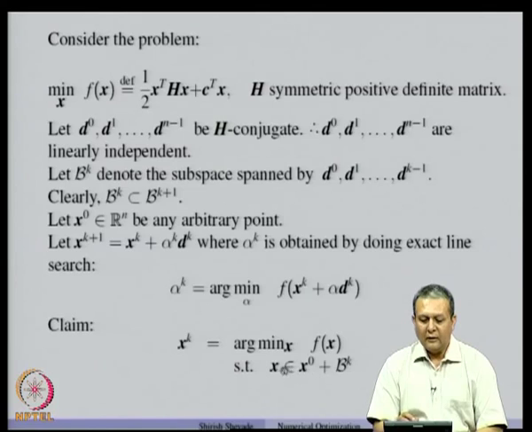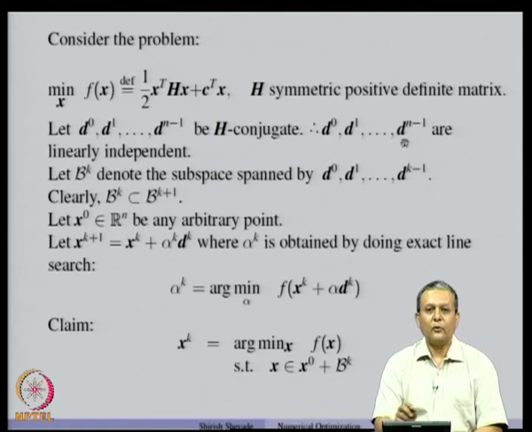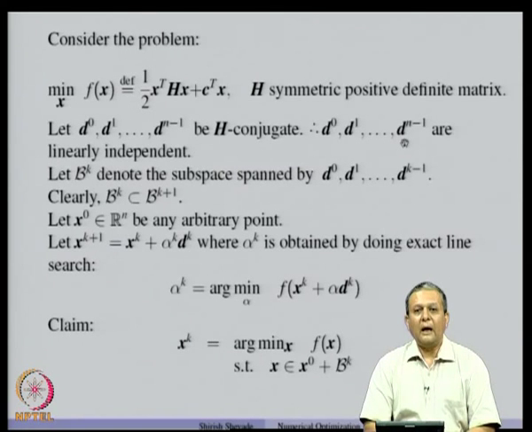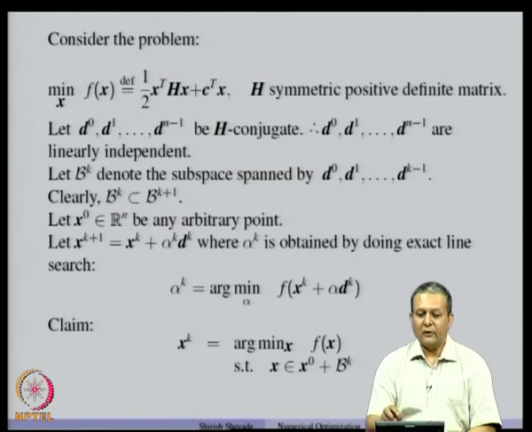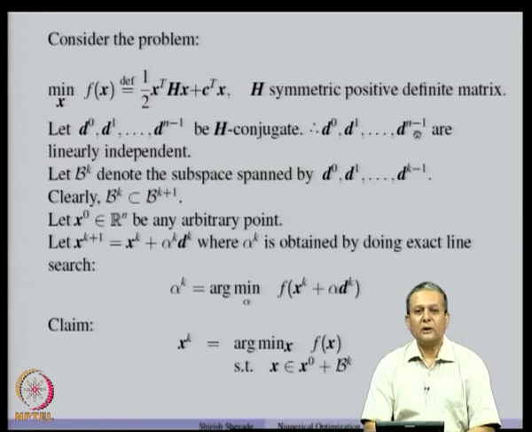If we want to extend this result, it means that xn will be the minimum of f(x), where x belongs to x0 plus Bn, and Bn is nothing but the space spanned by d0 to dn minus 1, and that is the entire space, because d0 to dn minus 1 are linearly independent vectors. So, that spans the entire Rn.